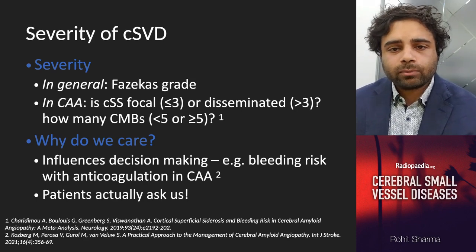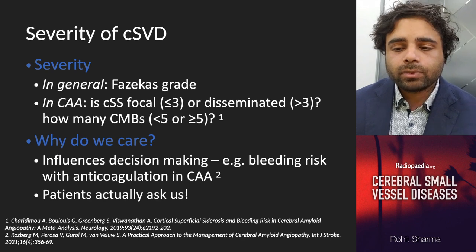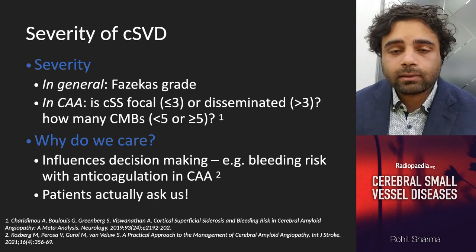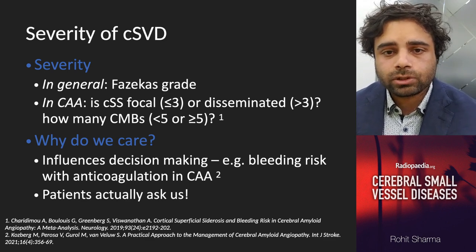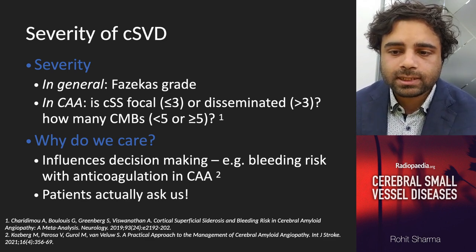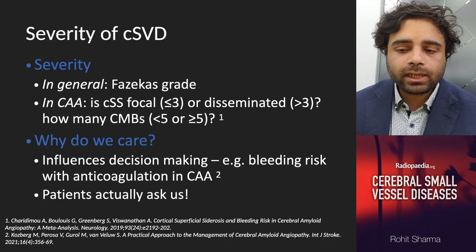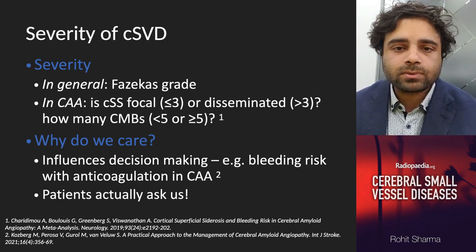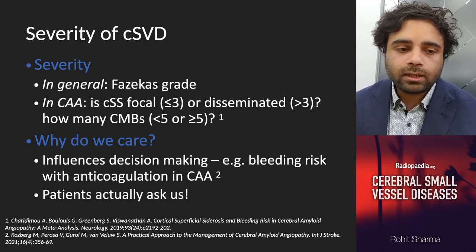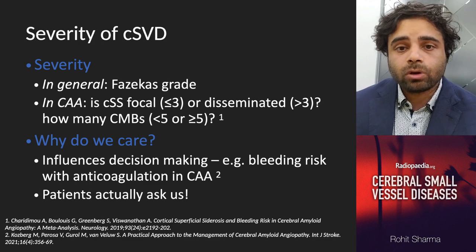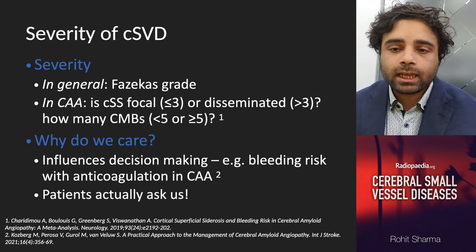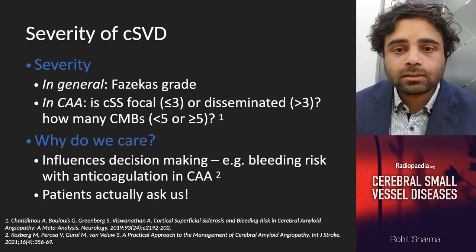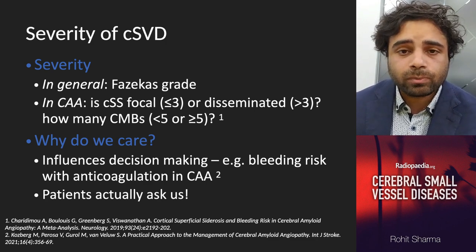And it's important that we know some of this information because it does actually influence our decision-making. Now, cerebral amyloid angiopathy is a condition where there is really a paucity of robust randomized controlled trials, but there's plenty of observational data to suggest that the bleeding risk in anticoagulating patients with cerebral amyloid angiopathy and concurrent indicators for anticoagulation, such as atrial fibrillation, can be modified or estimated with some of these radiological biomarkers.